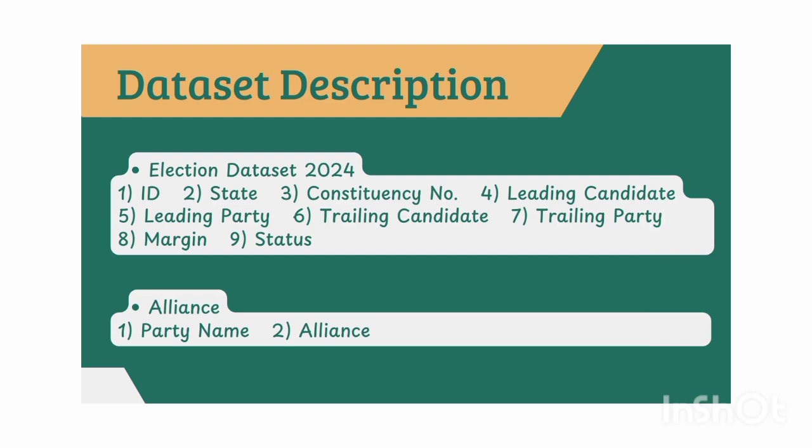The election table includes ID number, state, constituency number, the name of the leading candidate contesting in the elections of the corresponding constituency, the leading party, the trailing candidate, the trailing party, the vote margin by which the party is leading, and the result status. Then we have the alliance table, which has a column with party names and another column with alliance, which gives the corresponding alliance details.